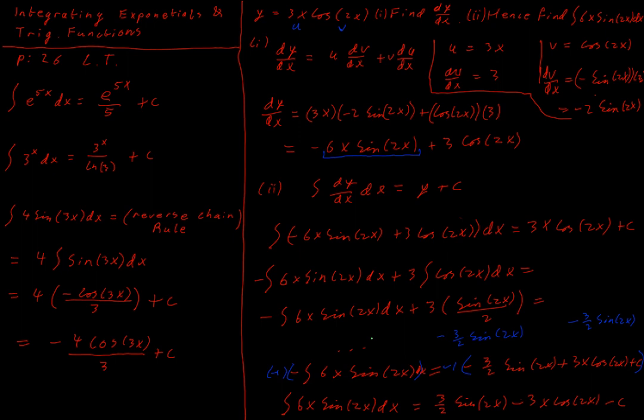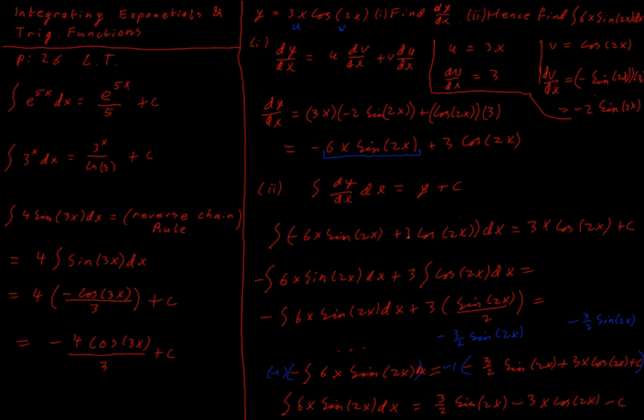So what we have done is we've been asked to get the derivative of a function, and then in part 2 you're asked to get the integral of another function. You'll find that you're asked to get the integral of something that was involved in dy dx of part 1. So you're going to get the integral of dy dx is equal to the original function plus some constant, or the original function is equal to the integral of dy dx plus c if you prefer.